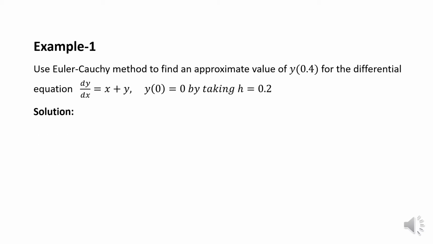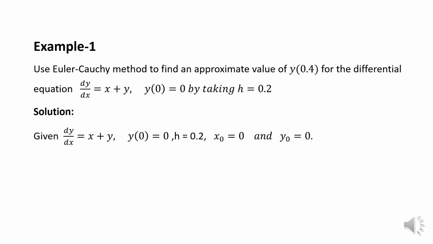And the solution is as follows. It is given the differential equation is dy by dx equal to x plus y with y of 0 equal to 0. That means our x naught equal to 0 and y naught equal to 0. Also, it is given h equal to 0.2.